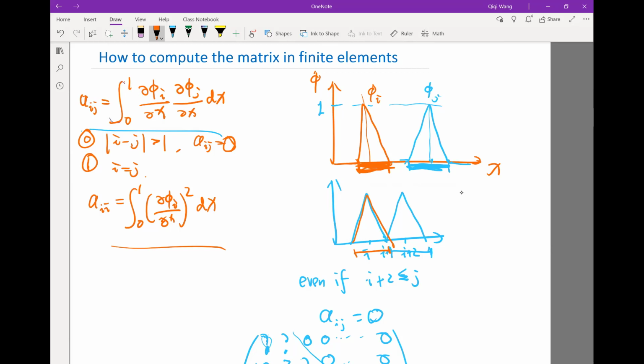I'm going to set my elements to be anything, so I'm not going to restrict my elements to have a fixed delta x. Rather, I'm going to set my ith basis function to be centered at xi, and it diminishes to 0 at xi minus 1 and xi plus 1.